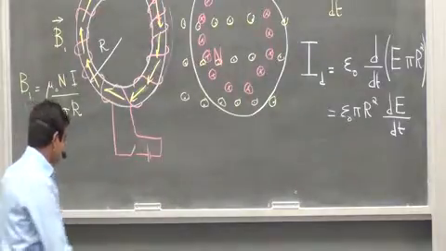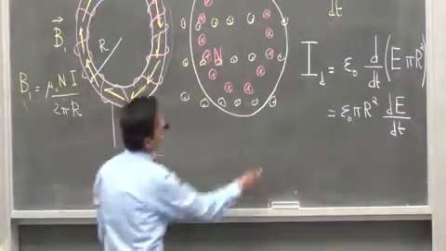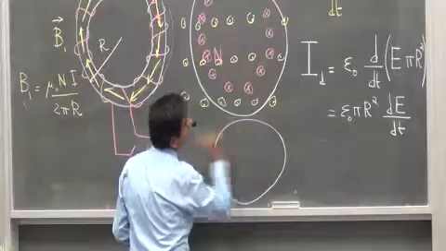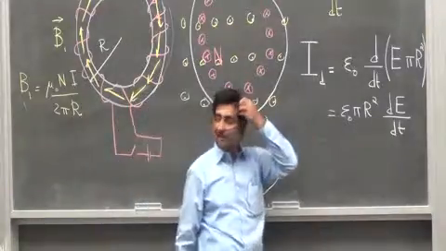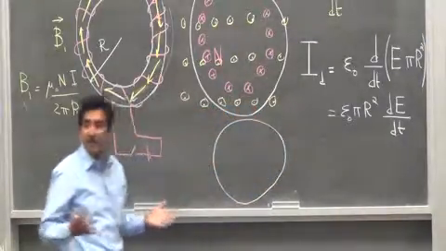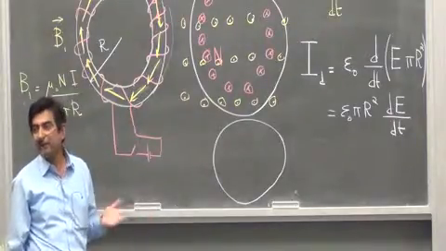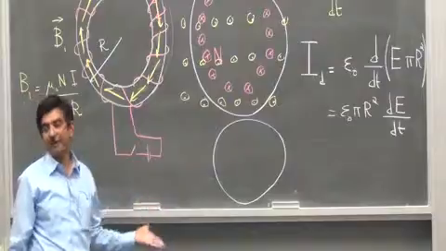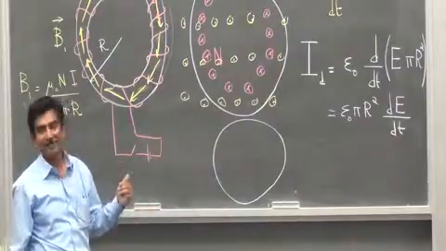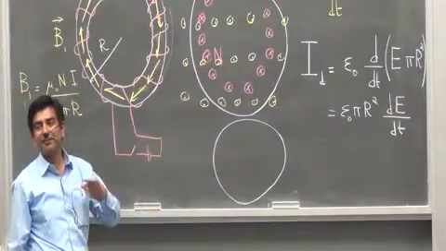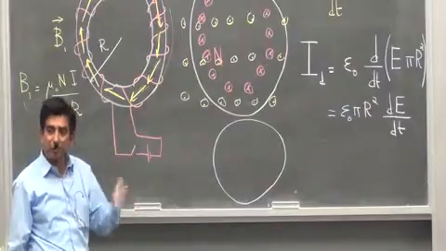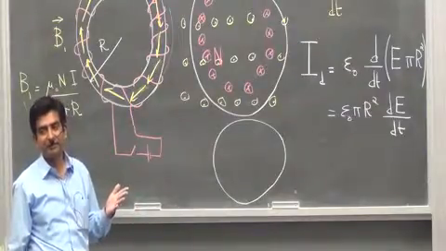So I can draw another Amperian path. If I draw another Amperian path, this changing electric field is just another current. So this current is also piercing this loop. Now I have to see whether it's coming out or going in, whether it will add to the magnetic field or subtract or lower the initial magnetic field B1.